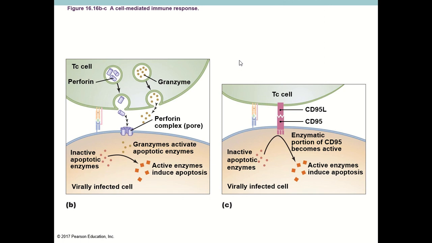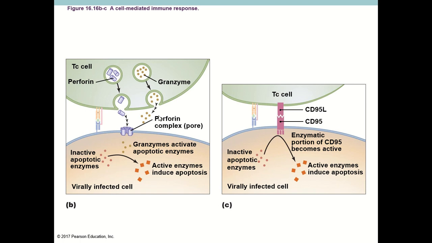Now, here is another way in which cytotoxic T cells can work, by using the CD95 receptor here. It's basically the same thing as the other pathways, CD8, CD4, but in this case two things are going to happen.